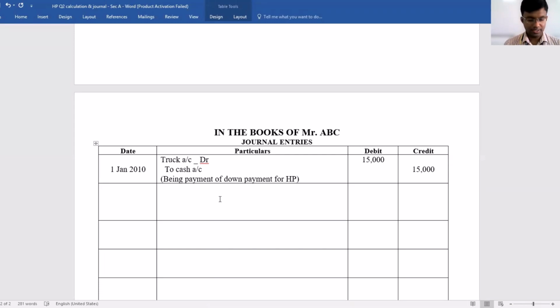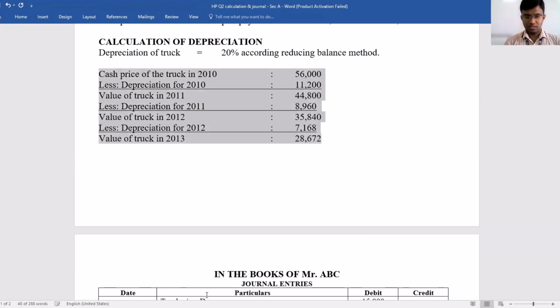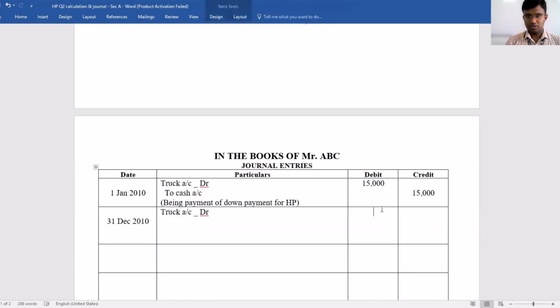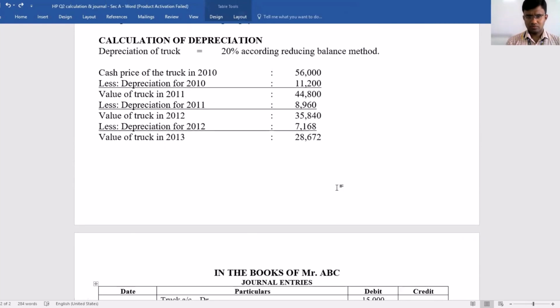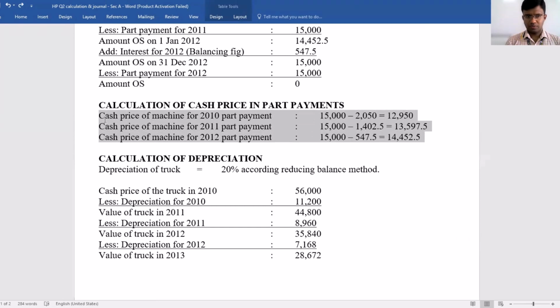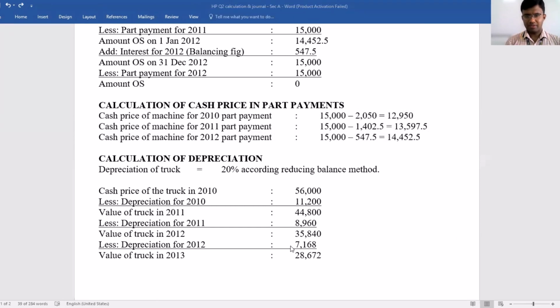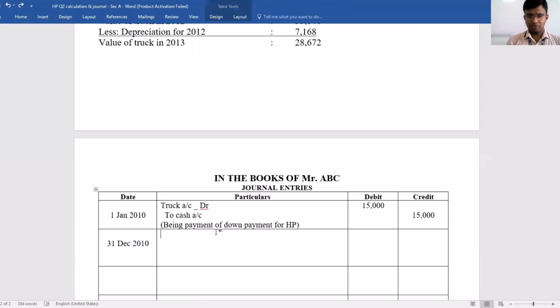Now, the next journal entry would be on 31st December 2010. The first entry would be for part payment becoming due. We will have to consider the cash price component from the first part.